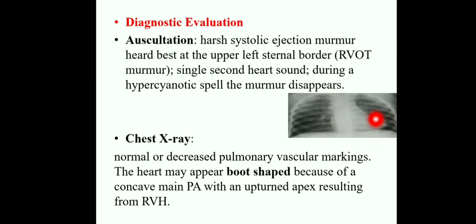That is a boot shaped heart. In which condition is it seen? Boot shaped heart is seen in cyanotic heart disease only. Because of right ventricular hypertrophy, when we do the chest x-ray, the heart looks like a boot.